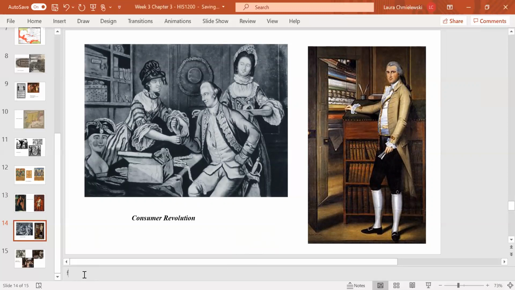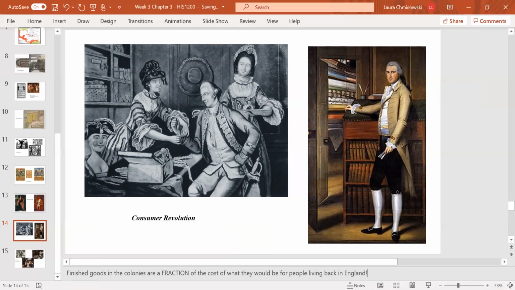Finished goods in the colonies are a fraction of the cost of what they would be for people living back in England.